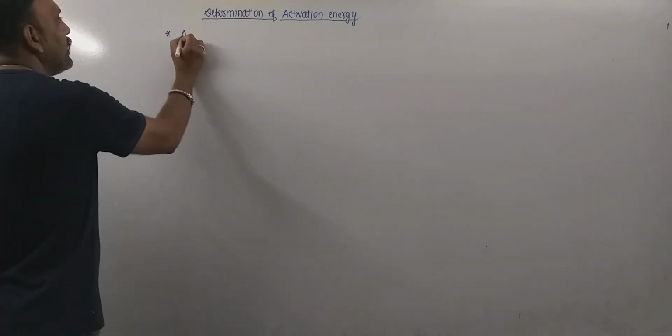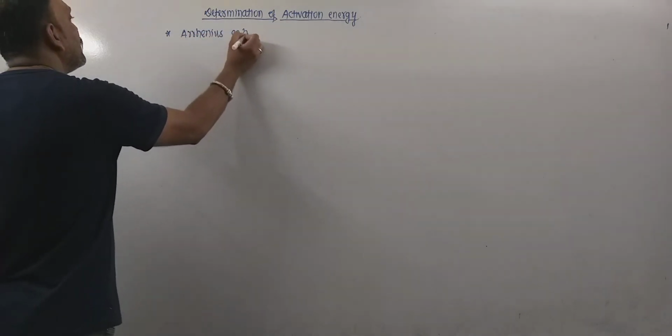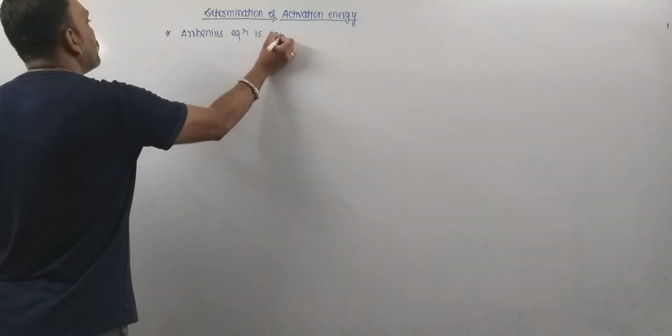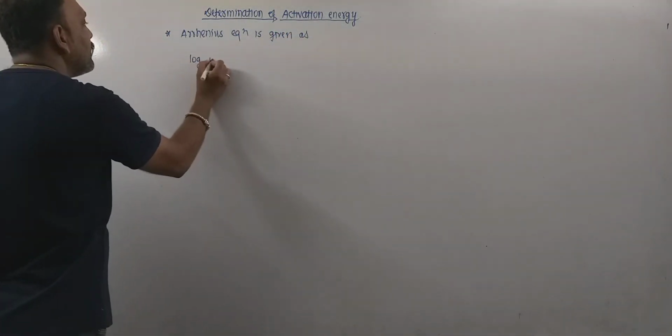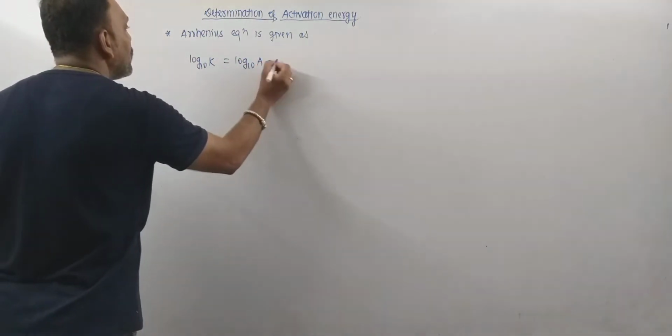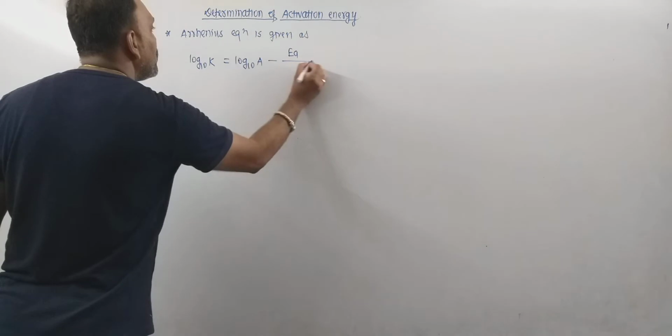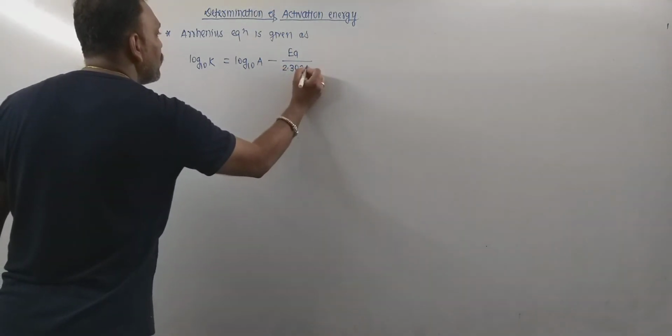Now we know very well that the Arrhenius equation is given as what? Log base 10 K is equal to log base 10 A minus Ea upon 2.303 RT.